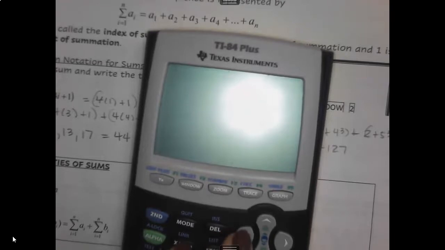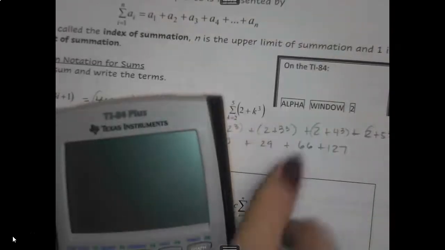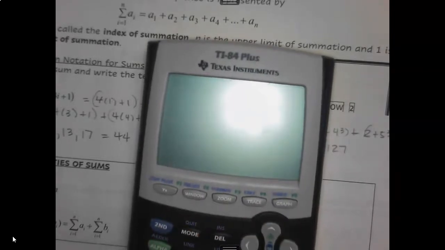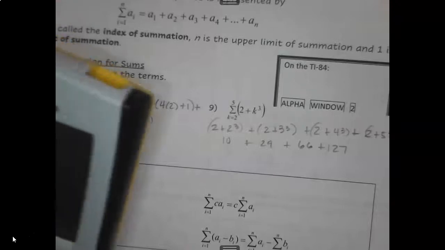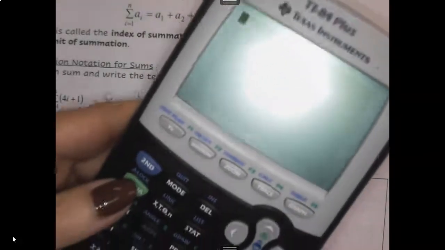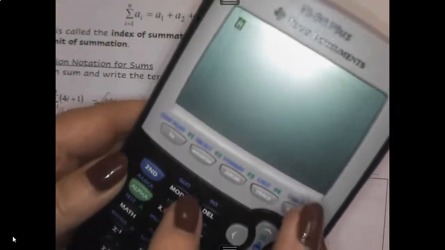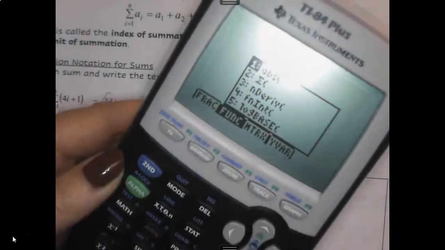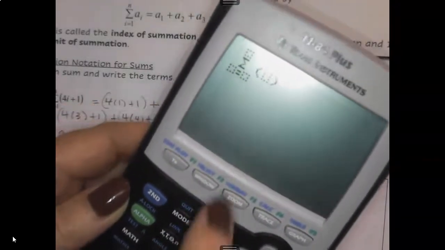You would do, it tells you right here what to do, alpha window 2. I guess I could turn my calculator on, that would be really helpful. Clear that. Then I'm doing alpha window. See, it gives me all those things, it gives me a summation too. And then it tells me what I'm going to do.